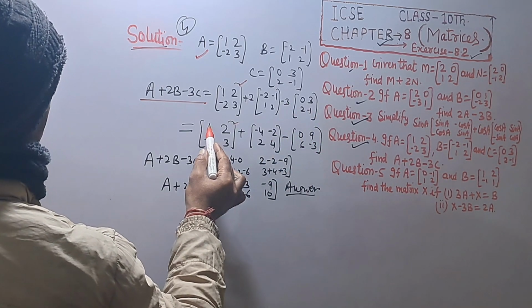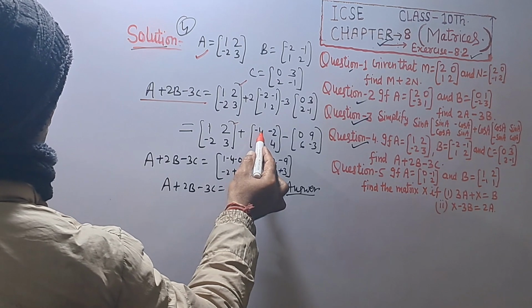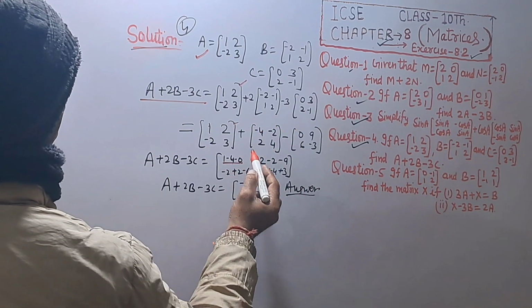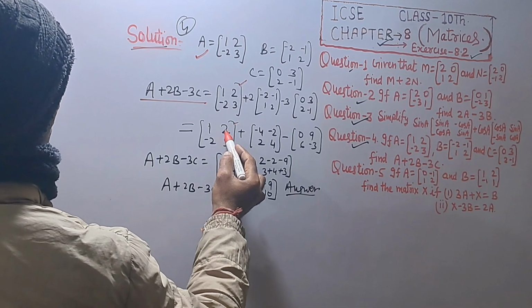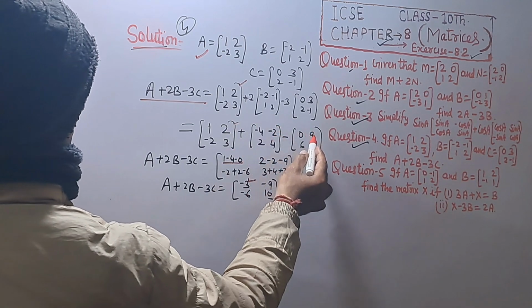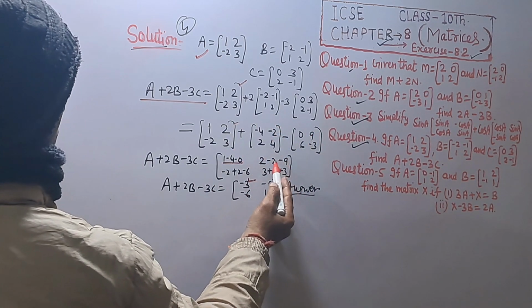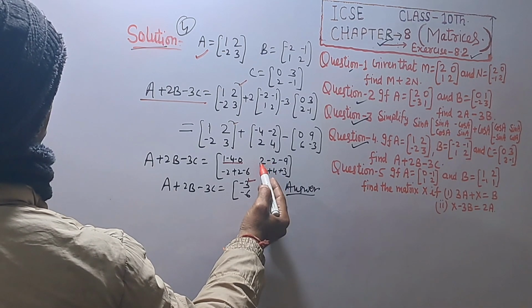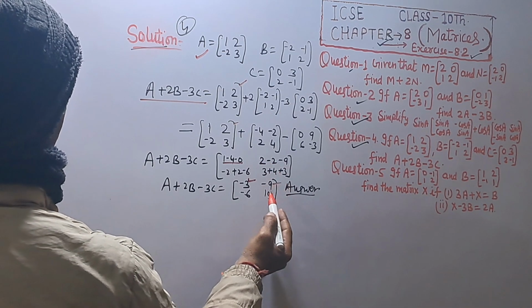So first element, that is 1 - 4 - 0, is equal to -3, and second, 2 - 2 - 9, that is -9.